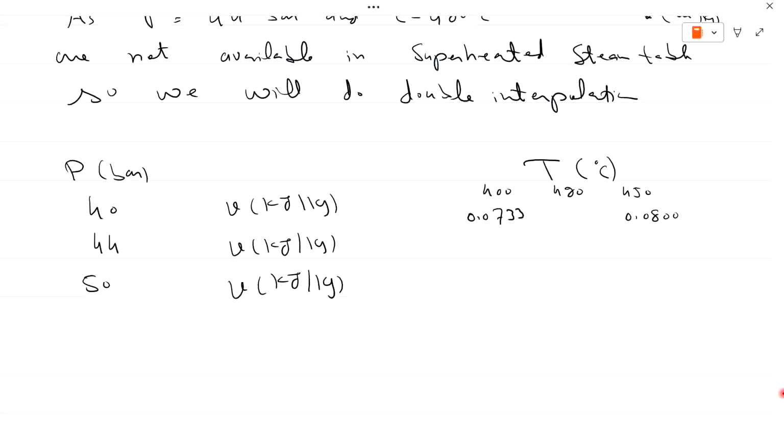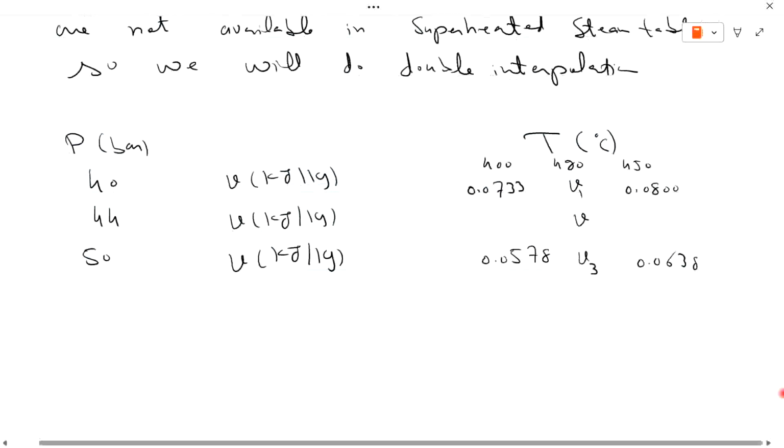Similarly, at 50 bar and 400 degrees centigrade, specific volume is 0.0578, and at 50 bar and 450 degrees centigrade it is 0.0638. Now we have to first find V1, then V3, and finally V2 or V.